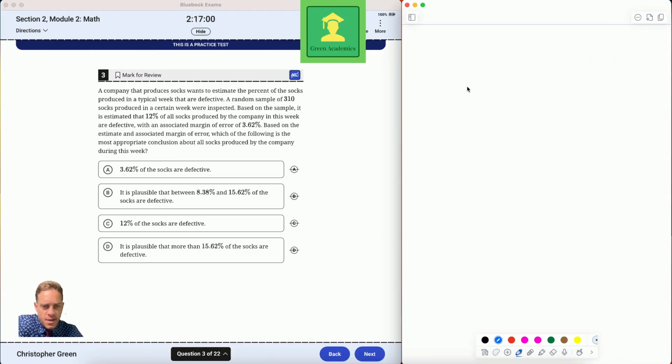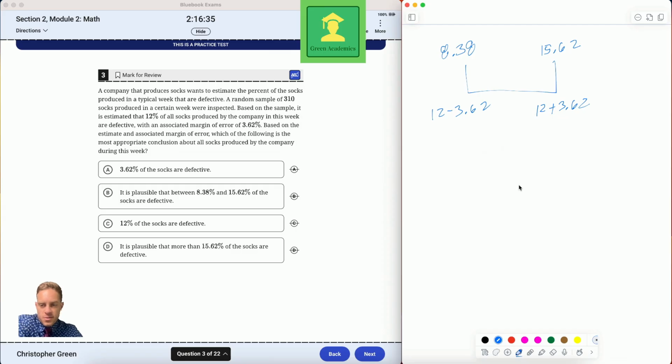So that means that the percent that are actually defective is probably in the zone from 12 plus 3.62 to 12 minus 3.62, which is what, 15.62 and 8.38.